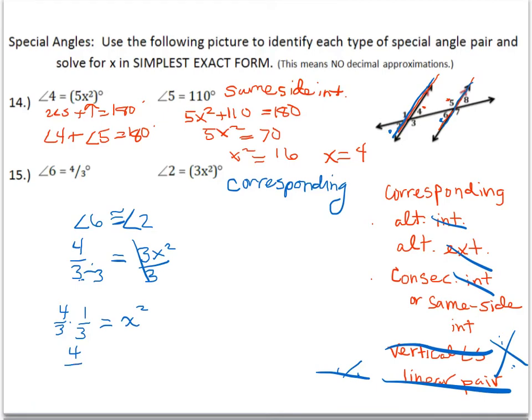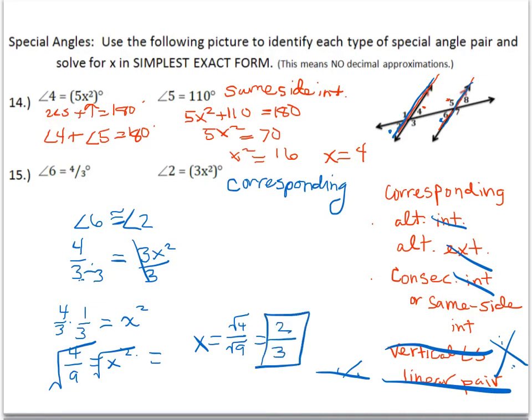That gives us 4/9 equals x squared. To get rid of that, we take the square root. X is equal to the square root of 4 over the square root of 9. You can split up square roots like that on fractions. And that ends up being 2/3. Sorry, my work got kind of sloppy in there.